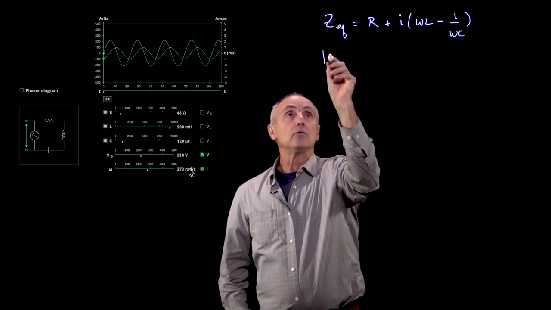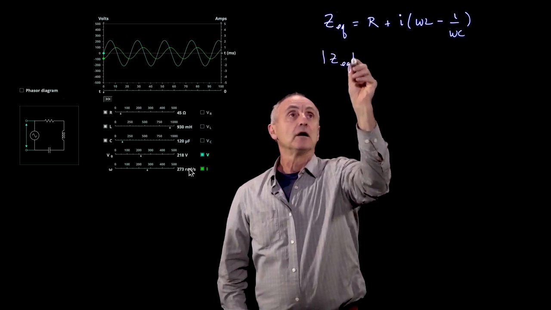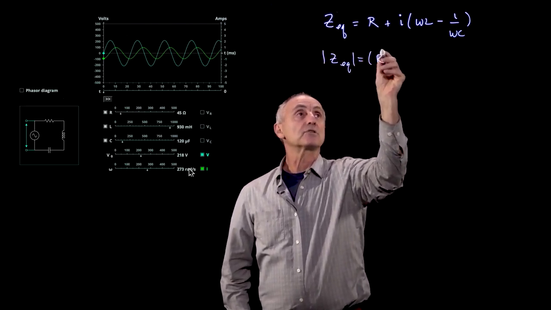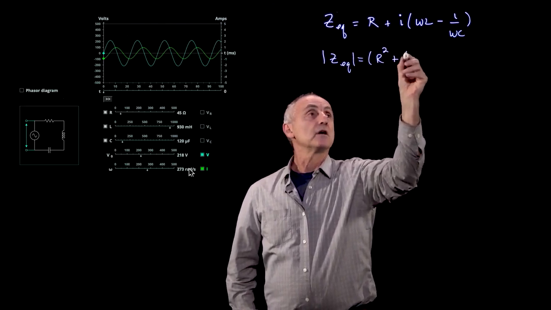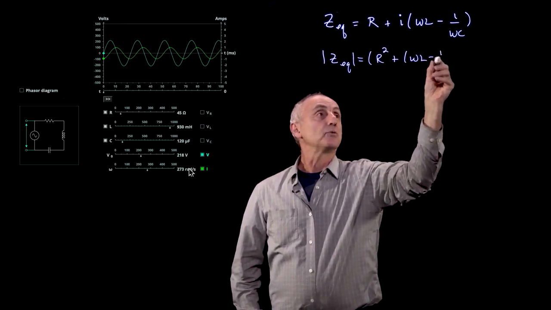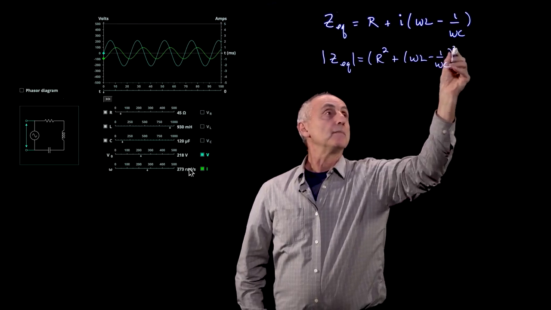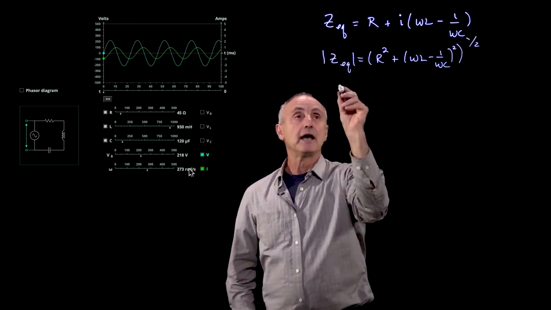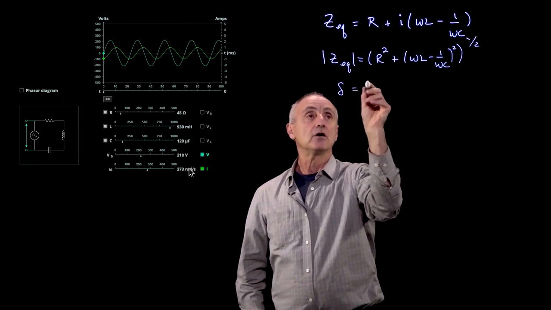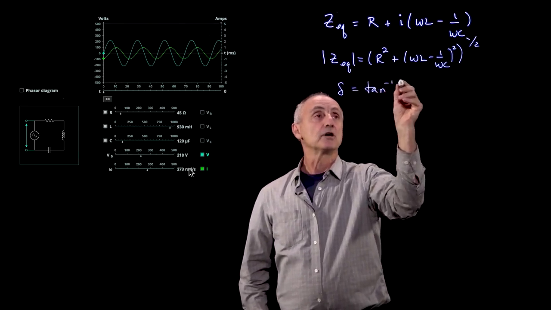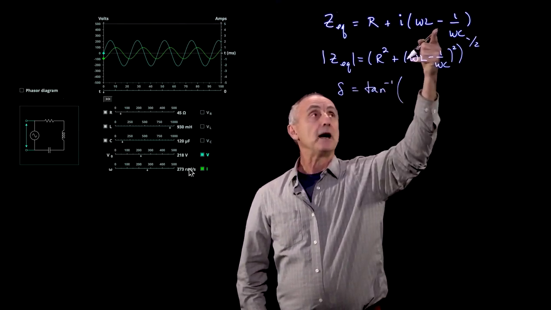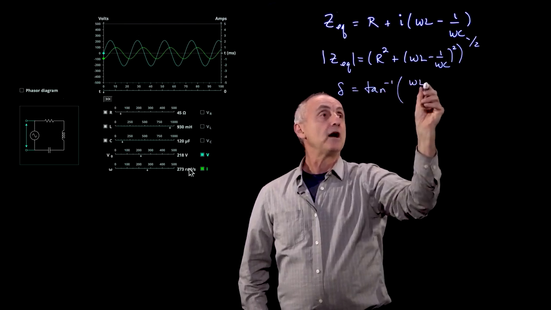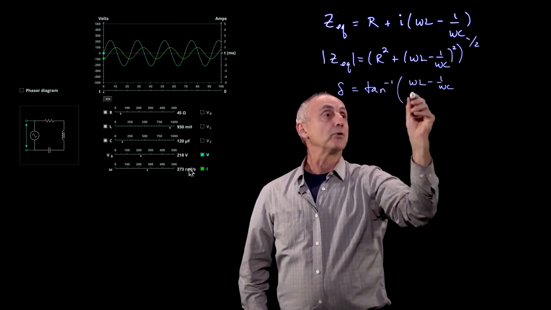And again, we'd like to get the amplitude of this complex impedance. And so that's the real part squared plus the imaginary part squared to the power 1/2, and the phase here, which is the inverse tangent of the imaginary part divided by the real part.